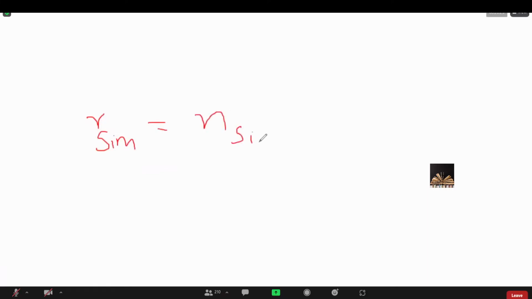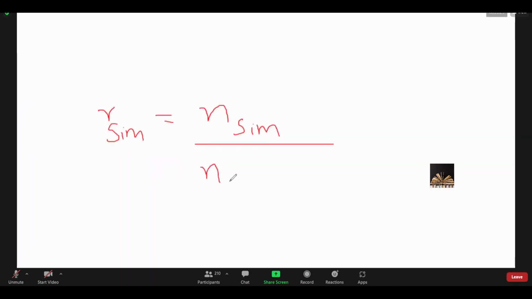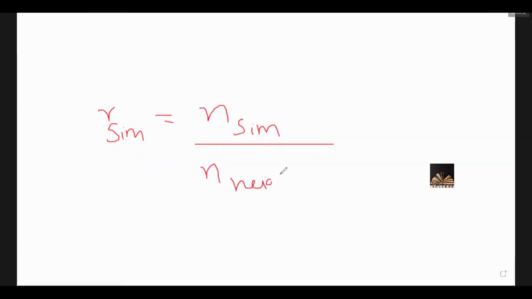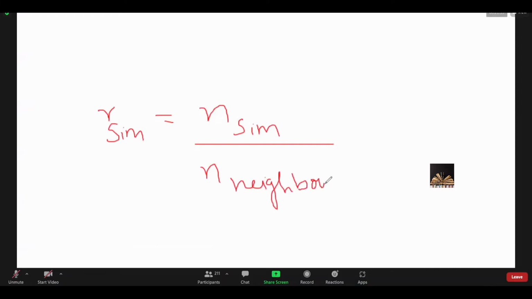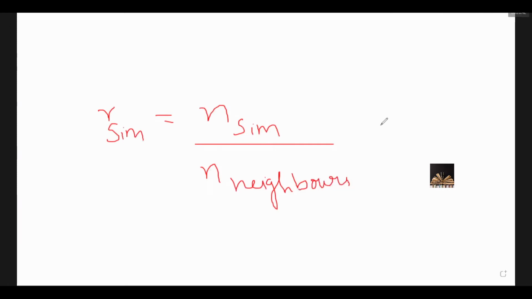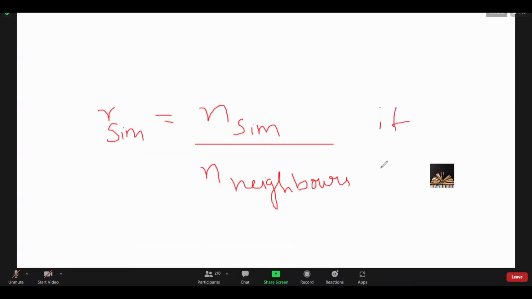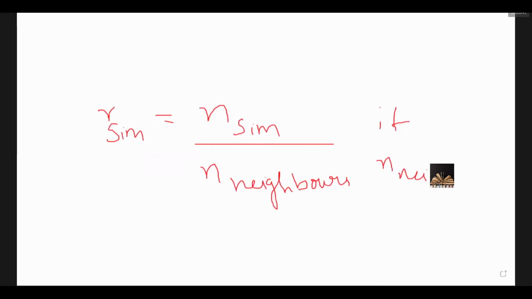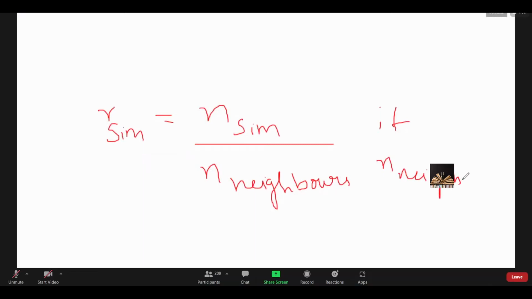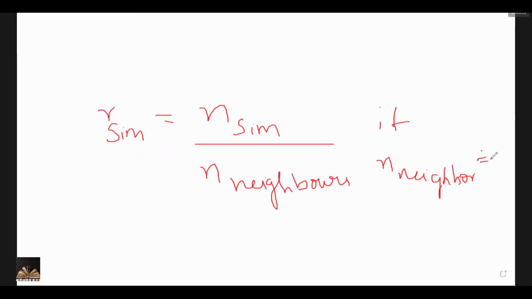R similar is equal to N similar by N neighbors, if N neighbors is not equal to 0.